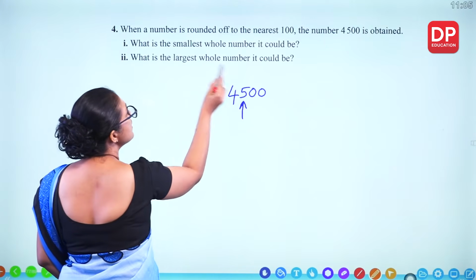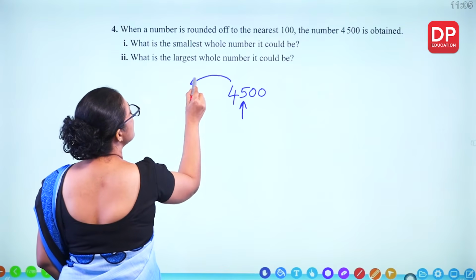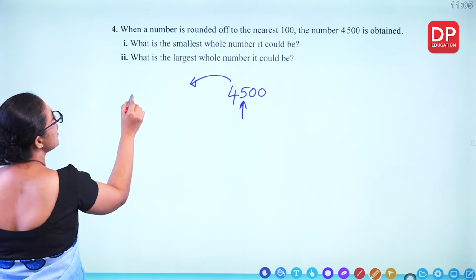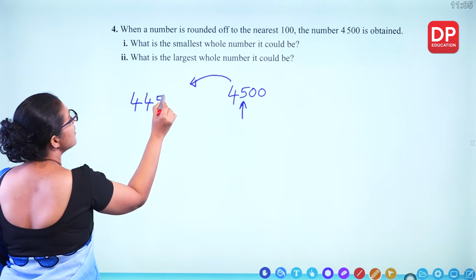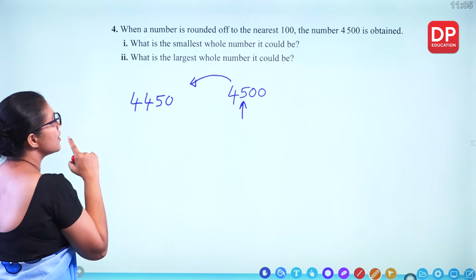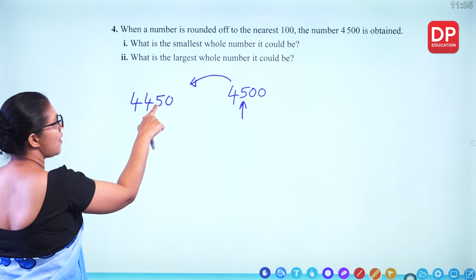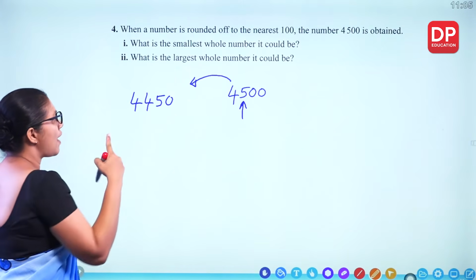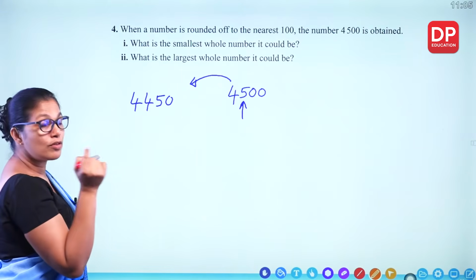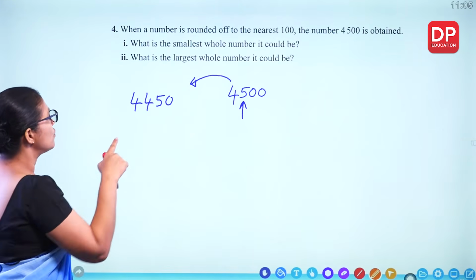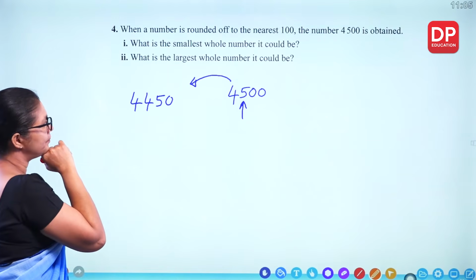So what's the lowest number you can get is 4450. Take a look. If this is 5, you have to add, 5 or more. If this is 4, you are not adding. So you can't get 5 there. So that's the lowest possible value.